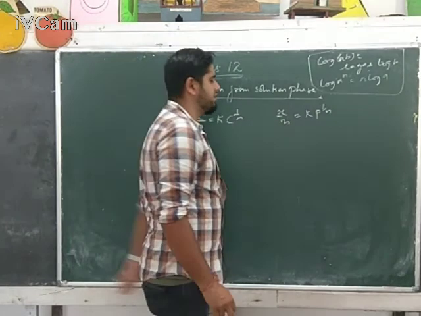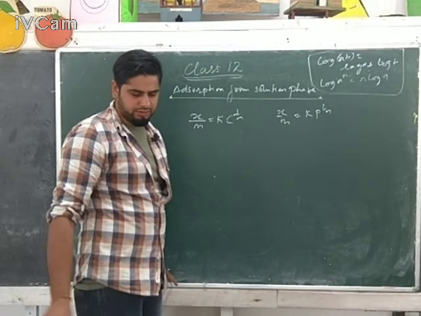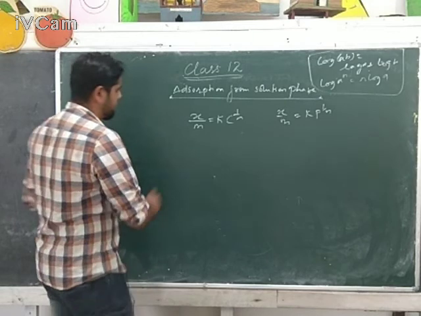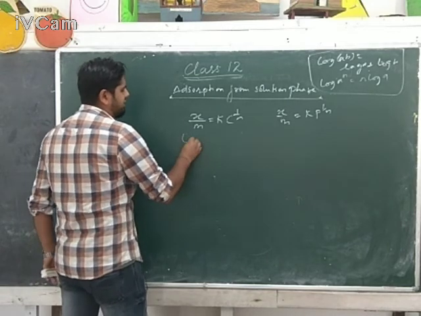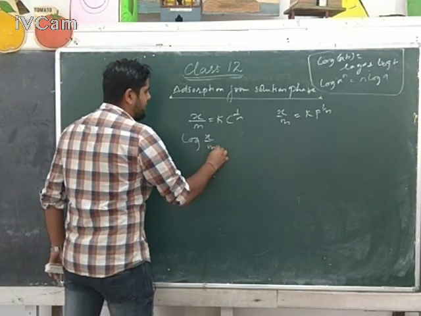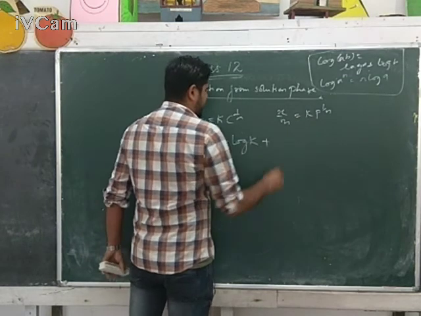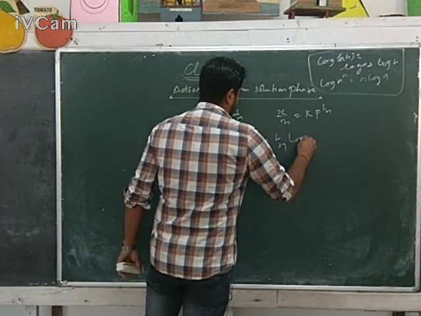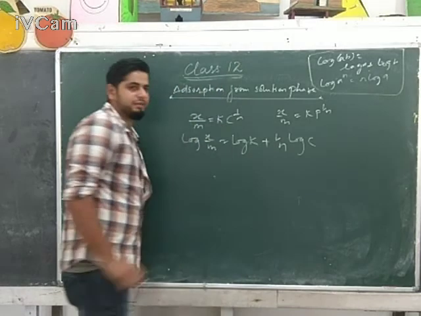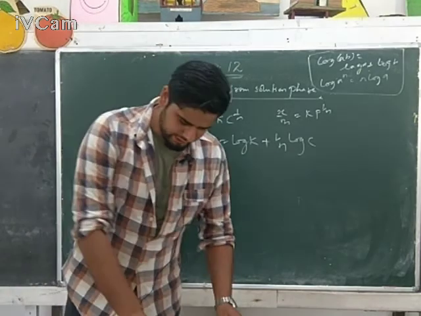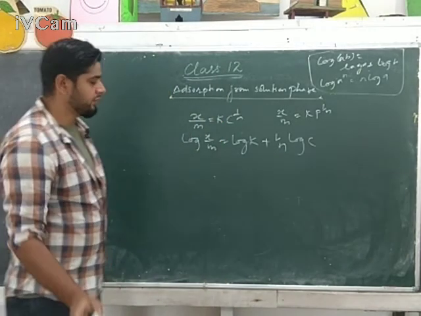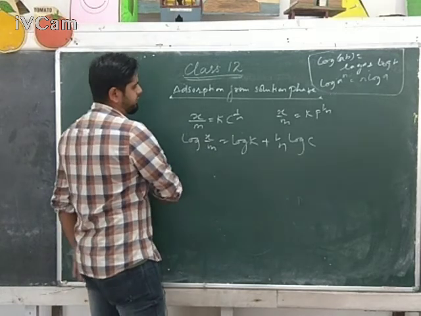Here P is pressure, here C is concentration. Got it or not? If you take log, you can write log x by m is equal to log K plus 1 by n log C. You'll get the same type of graph, and everything will be the same. Okay, so this is adsorption.